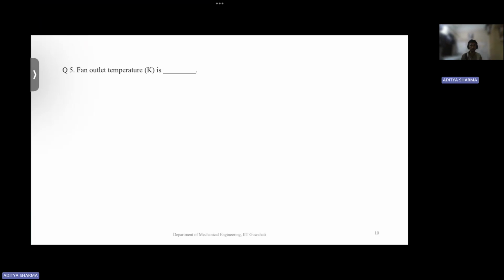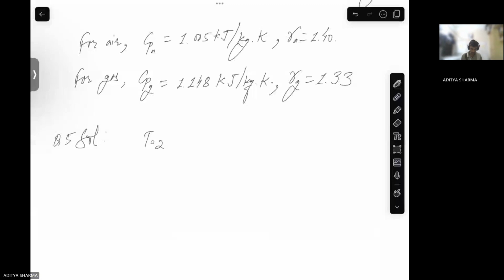What we do is, the outlet temperature, if you see this diagram, is T02. T02, we need to find out. For this, we will use this relation.